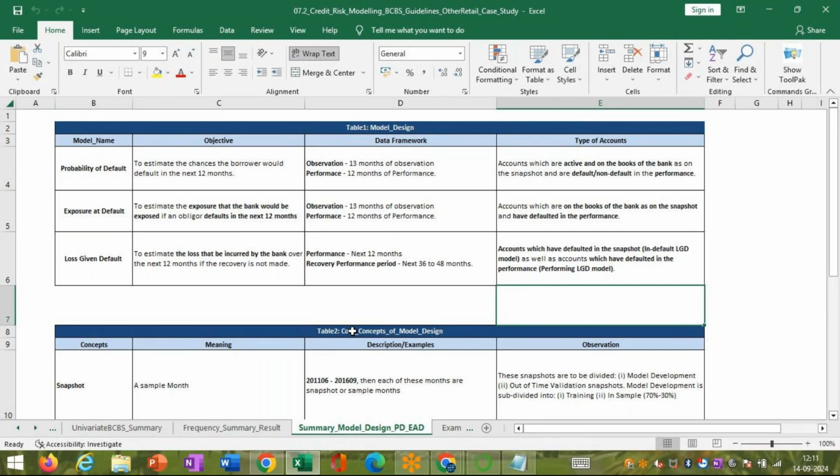We will need to refer to the guidelines. So I want your understanding of the guidelines to be totally in place. We will be discussing guidelines in detail, all regulatory concepts in detail.